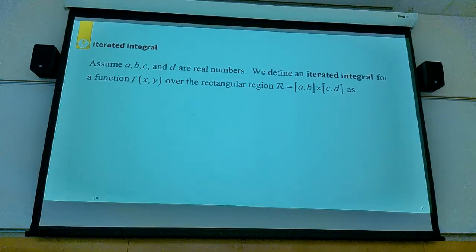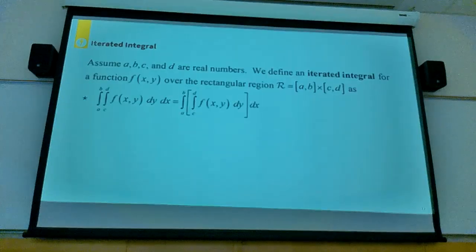And we have the notion of iterated integrals now. And again, we're only considering rectangular domains. So assume a, b, c, and d are real numbers. Iterated integral for a function f of x, y over the region [a,b] cross [c,d].